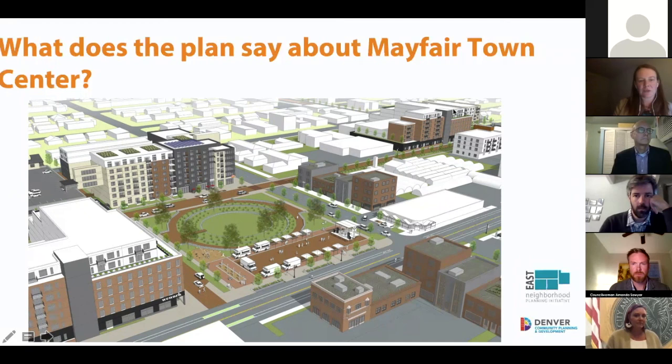So this is showing a new park space on one of the grocery store sites, with the grocery store relocated into the base of a building. And you can see City Floral here, and some of the older buildings shown there in the white. And this is showing infill of potential new buildings on some of the property there. And this is all within the commercial area of Mayfair Town Center today.